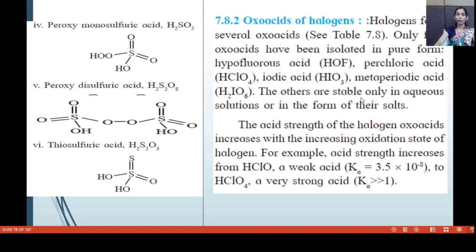The others are stable only in aqueous solution or in the form of their salts. The acid strength of the halogen oxyacids increases with the increased oxidation state of the halogen.